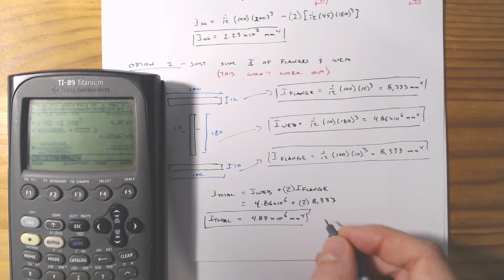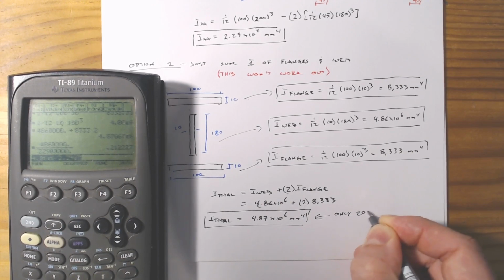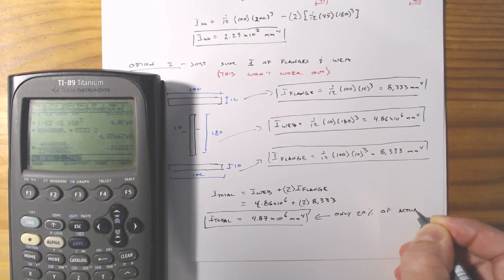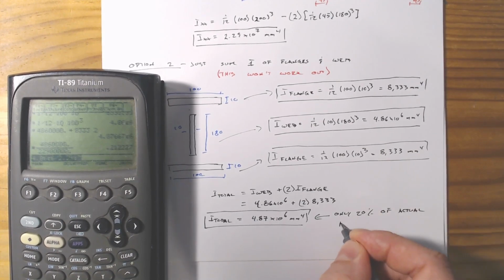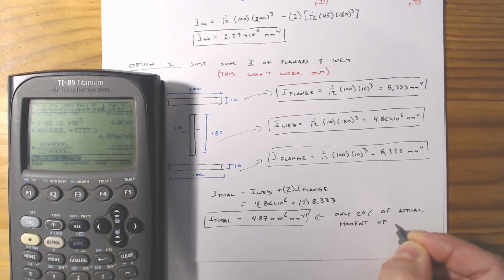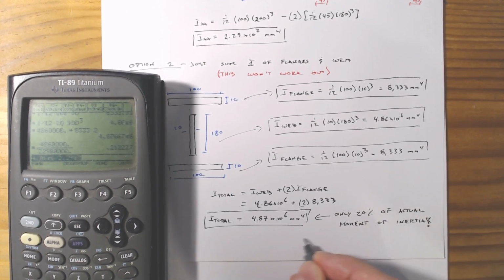You know, this is only 20% of the actual moment of inertia. And this should mean that we're missing something, missing some component.